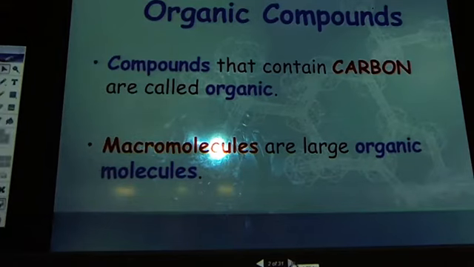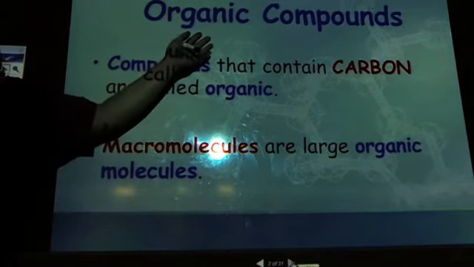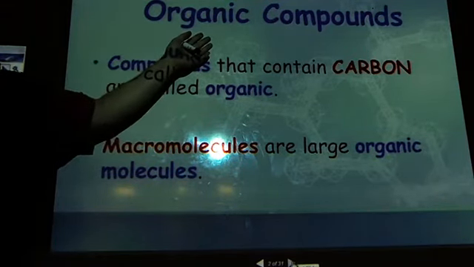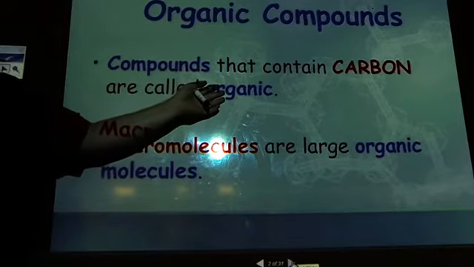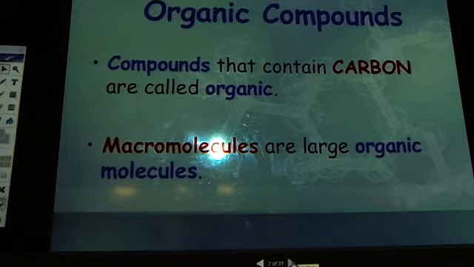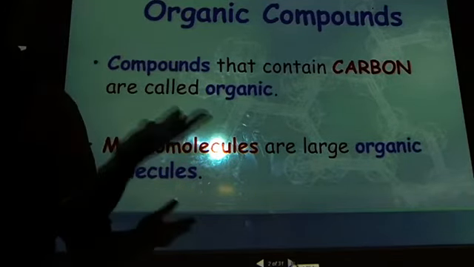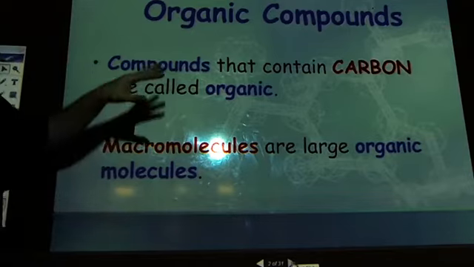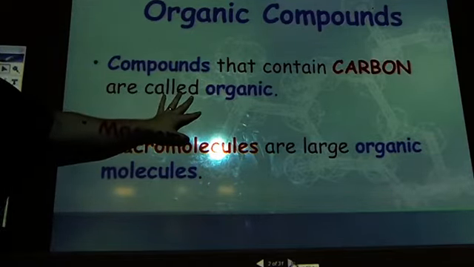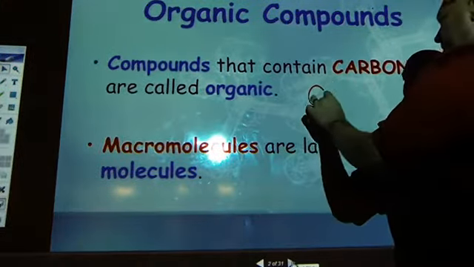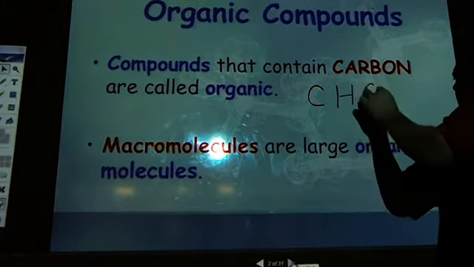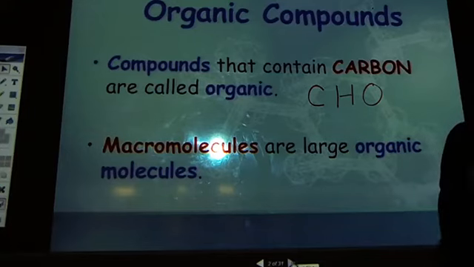First off, what's organic? Something that has carbon in it. Good job, appreciate that. Organic compounds or organic molecules are ones that are molecules of life. But it's not just carbon. There's actually a few things. So when we talk about organic molecules, it's CHO.